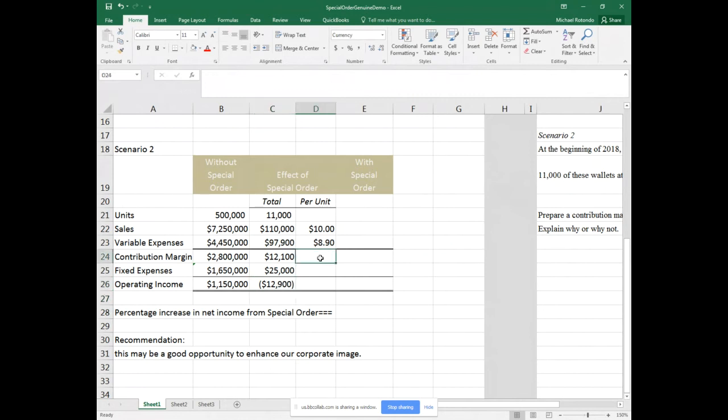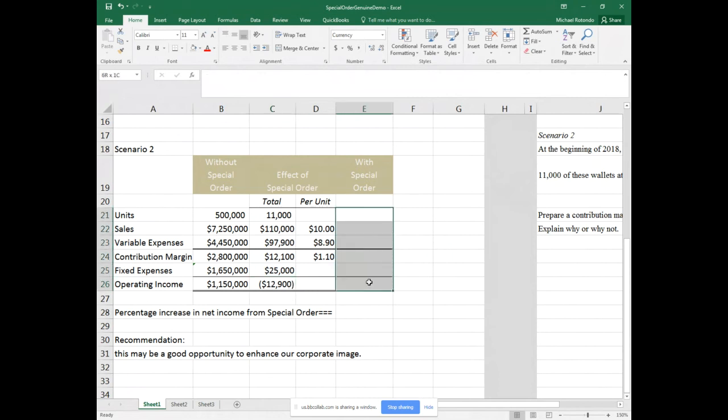So even though we had positive contribution margin, and we end up with a contribution margin per unit from the special order of $1.10, the additional fixed costs bring us down into the operating loss category for this special order. So we have to consider that.